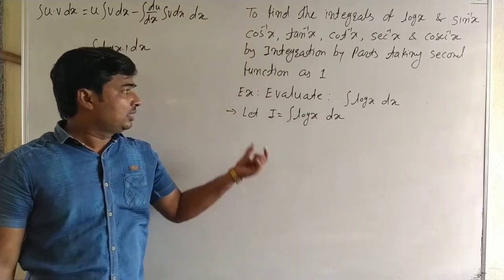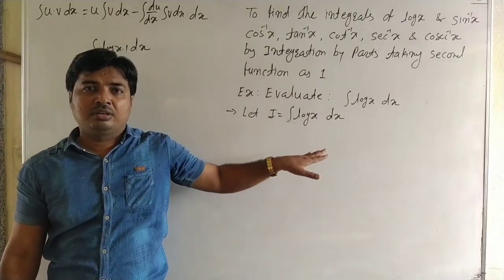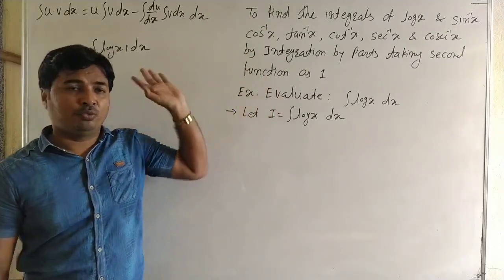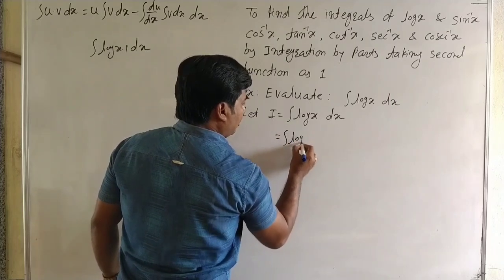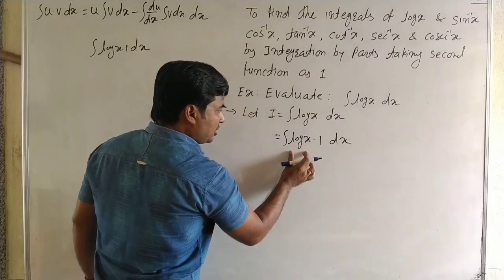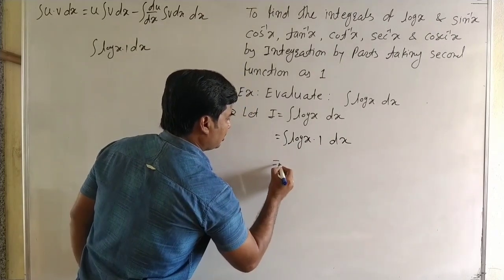To find the integral of a logarithmic or inverse trigonometric function by integration by parts, taking the second function as 1, it is log x into 1 dx, where log x is u and 1 is v. By integration by parts we can find the integral of this function.